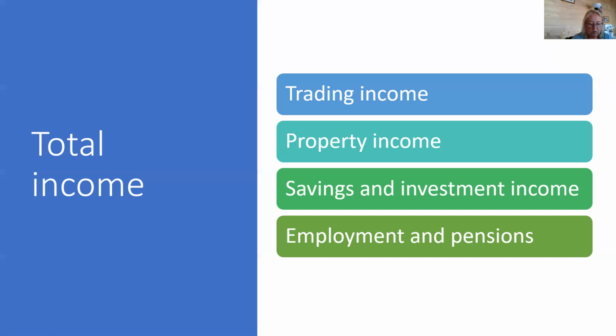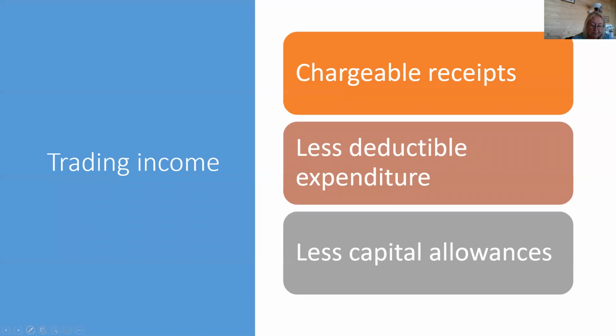Now, I did say that I'd talk a little bit about trading income and how you actually work that out. So trading income, this would be income from a business. For that, you look at the chargeable receipts, and the chargeable receipts are the money that the business has actually made. So how much it has made from selling its goods or services, depending on whether it's a business that sells services or a business that sells goods.